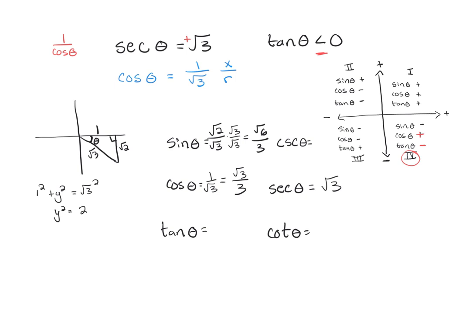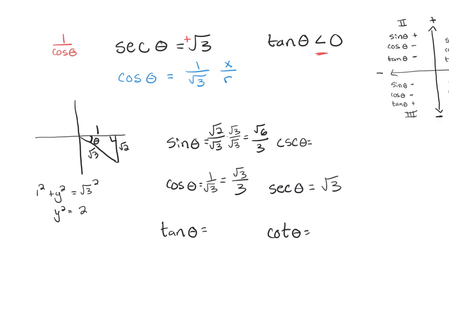And then cosecant would be 3 over the square root of 6, which is 3 square roots of 6 over 6, which simplifies to square root of 6 over 2. And then tangent would be square root of 2 over 1.